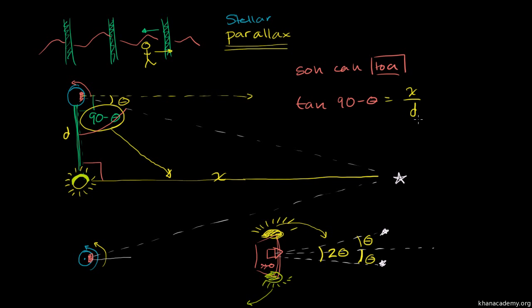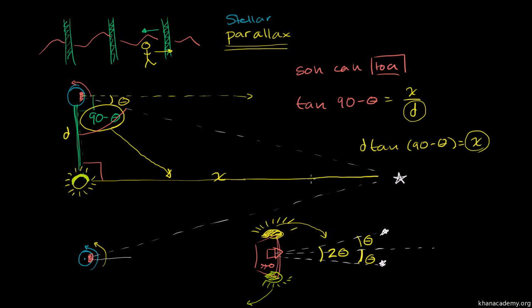Or another way, if you assume that we know the distance to the sun, you multiply both sides times that distance, and you get d times the tangent of 90 minus theta is equal to x. And you can figure out the distance from our solar system to that star.